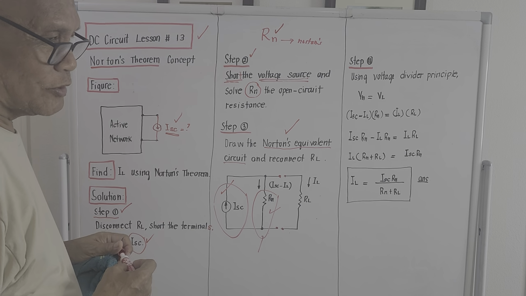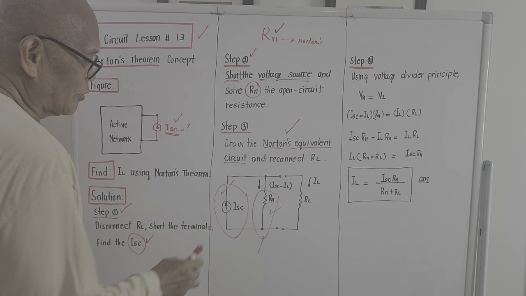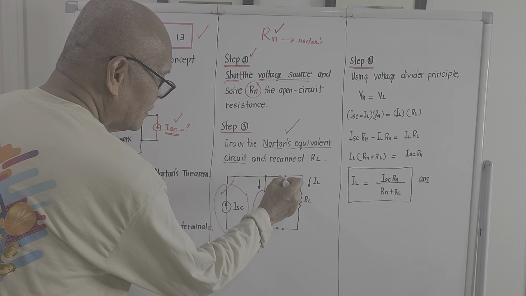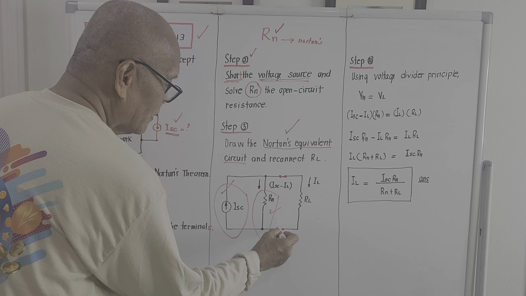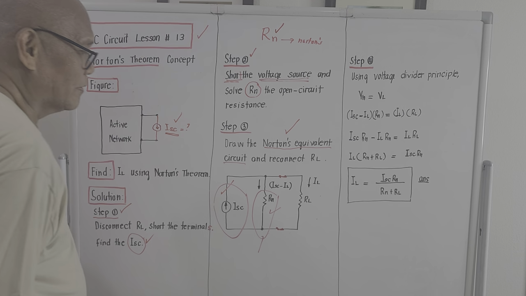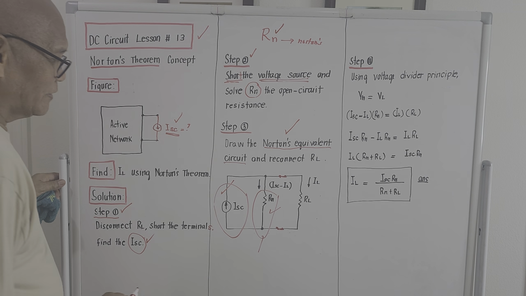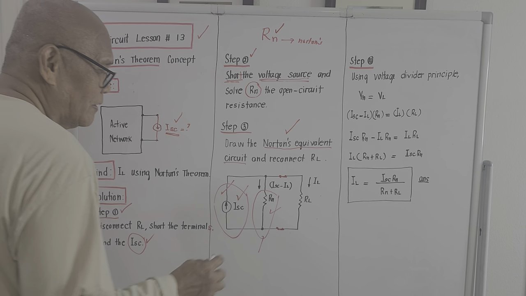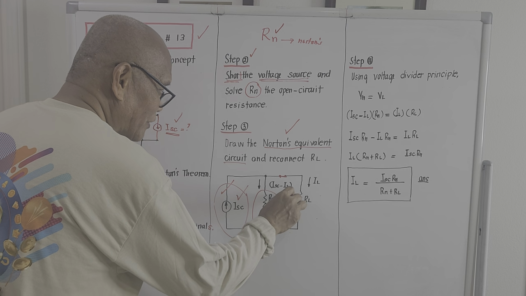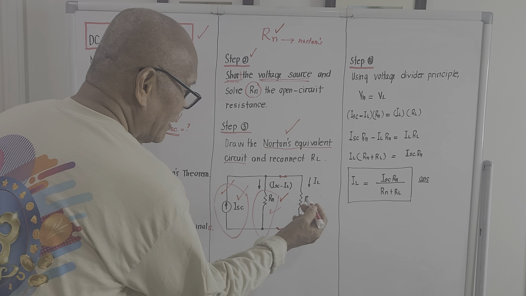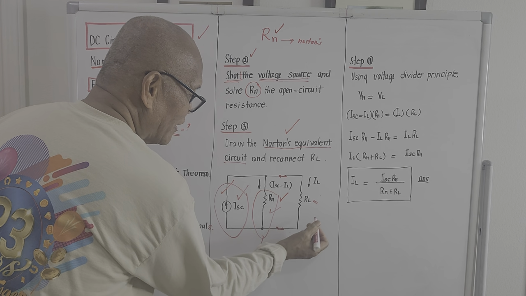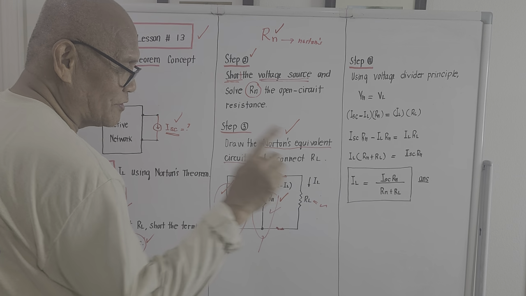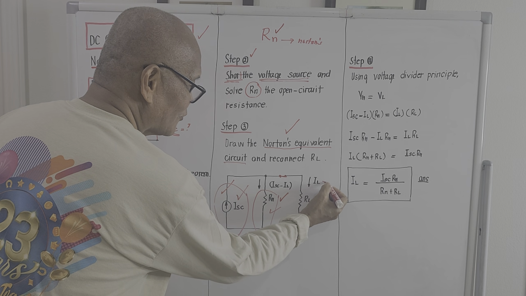So after taking the Norton's equivalent circuit, in which the short circuit current is in parallel with R sub N, try to reconnect R sub L. The short circuit current is computed already. The value of R sub N is already computed. We reconnect RL. So there should be a value for this one. This is given. And the problem is now just asking what will be the value of I sub L equal to.